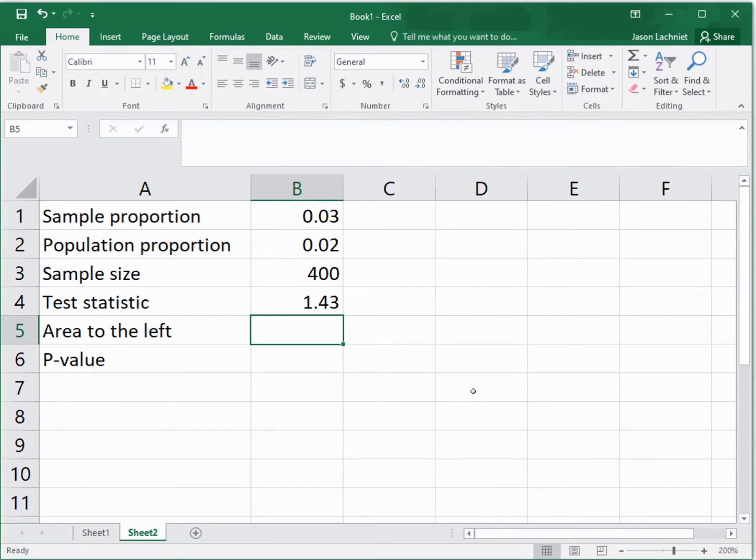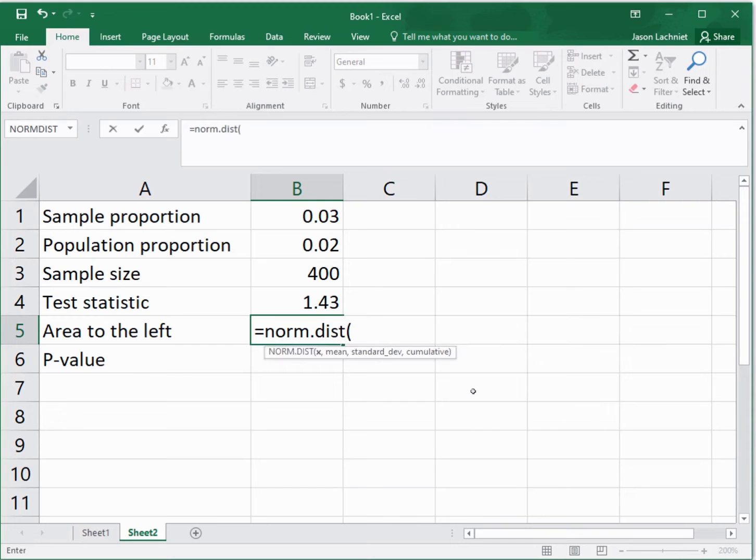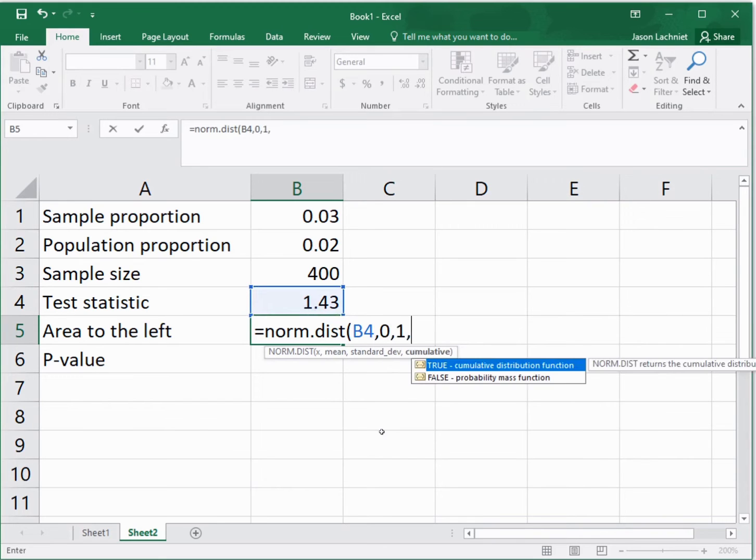We're going to use the normal distribution function to calculate an area. It will always give us area to the left. So we type equals. The function is NORM.DIST, and we give it the test statistic as our input, mean 0, standard deviation 1, and the option true.